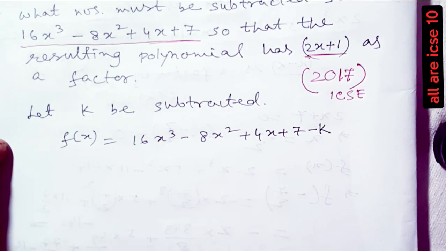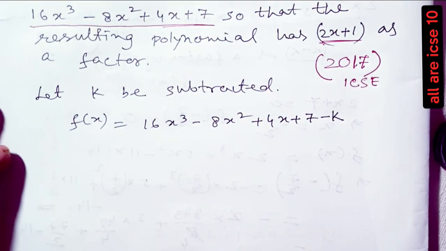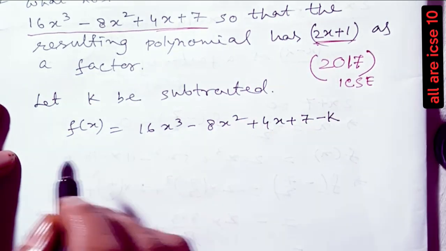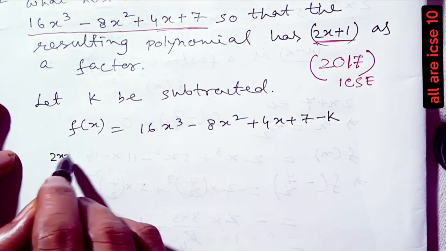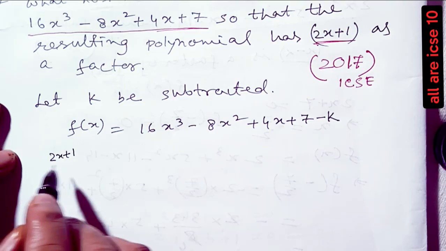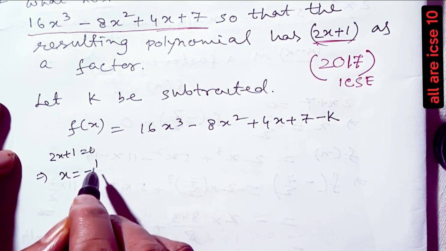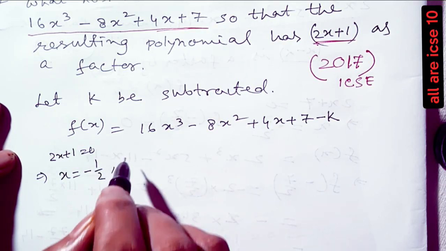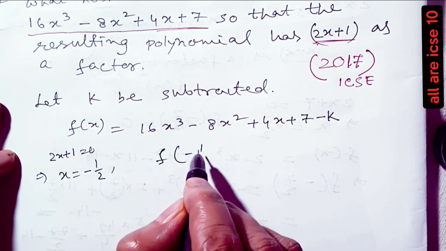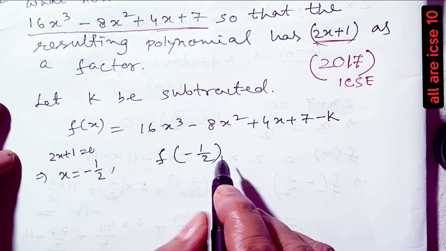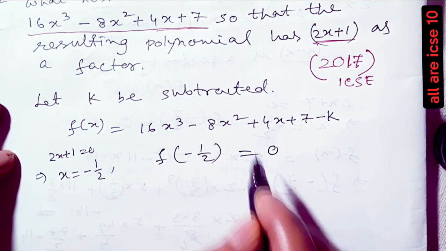And when 2x plus 1 is a factor of fx, then x equal to minus 1 by 2, meaning f minus 1 by 2 will be 0.